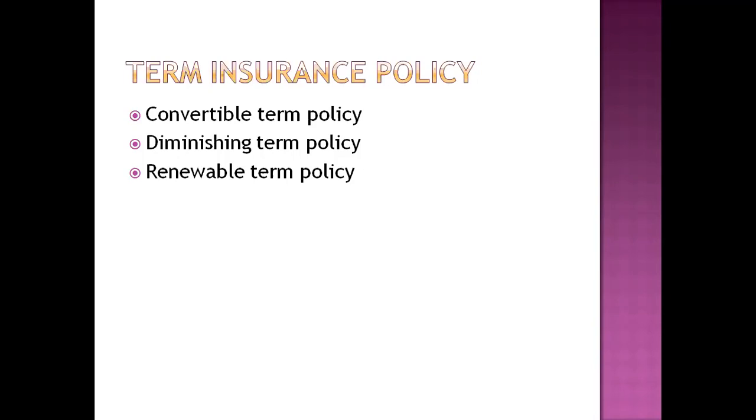For example, a creditor can take a policy on the life of a debtor as a safety against the loan. In case of the debtor's death, the insurance company is liable to pay the difference to the creditor.